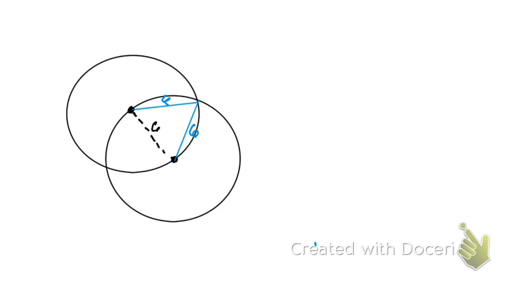So what's the measure of this angle? 60. Yep, 60 degrees. That's important because when I draw this on the other side, this is also going to be 60 degrees. So this angle right here is 120 degrees.